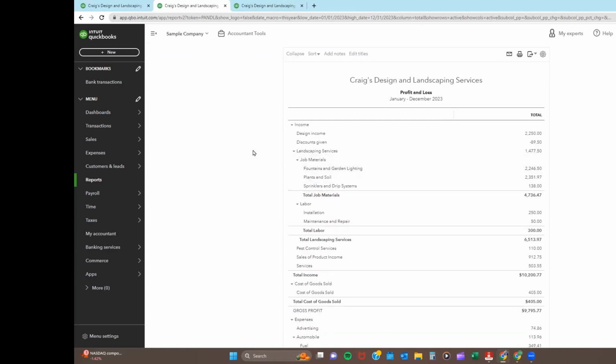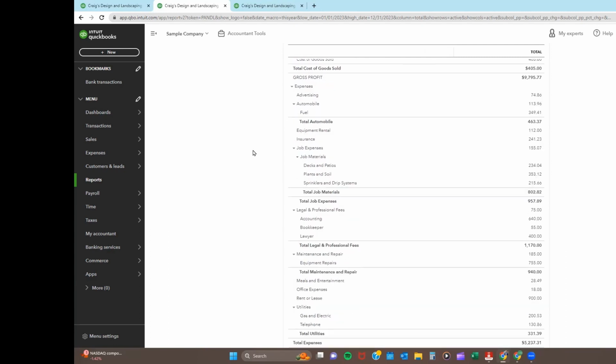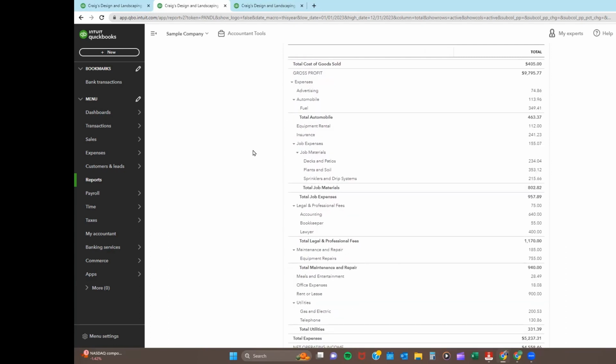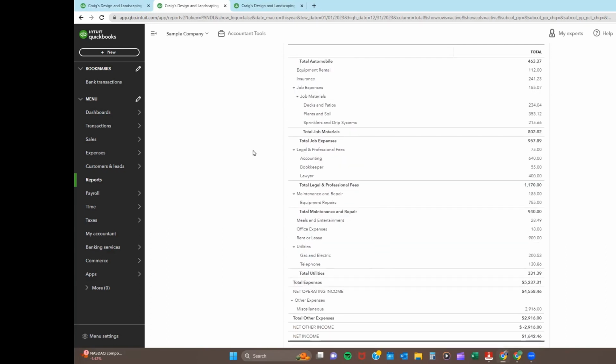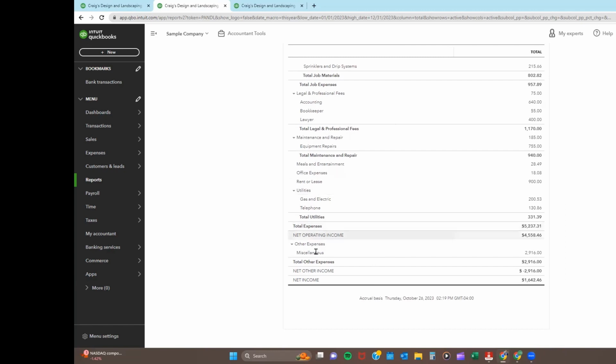Okay, so this is his profit and loss. Meals and entertainment, rent, lease. Okay, he's got miscellaneous down here. Now, what we see is miscellaneous, ask your accountant, other expenses, basically expenses that are towards the bottom that would jump out to us, or a bookkeeper, a good CPA that would go back and ask these questions.